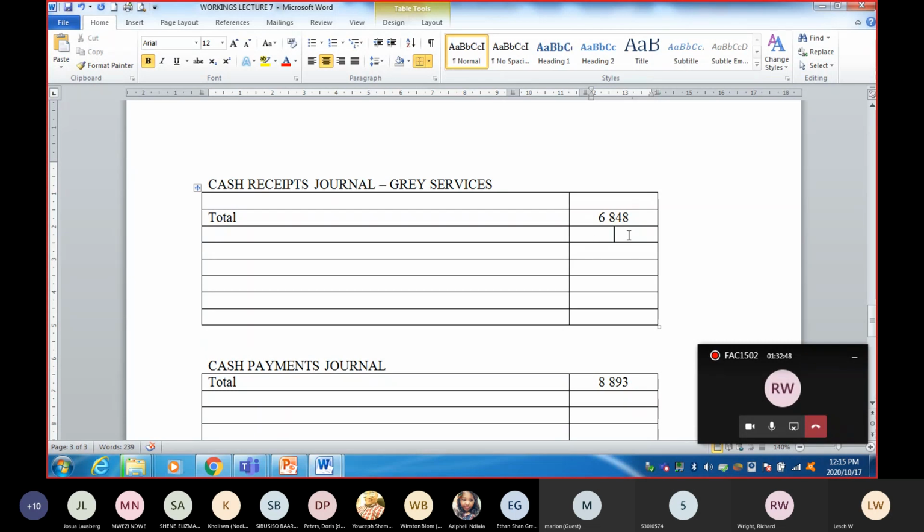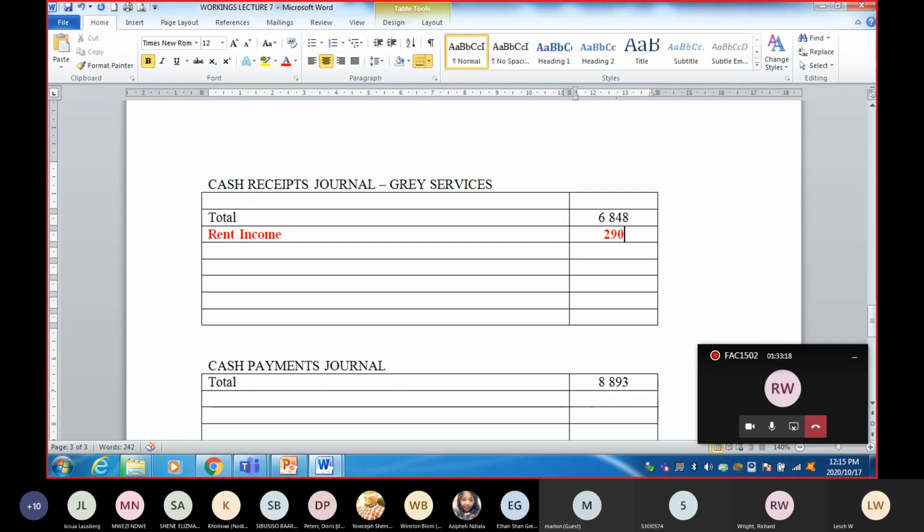We will record that now in our cash receipts journal, and you will see that that is for rent income. So you will record that as rent income, the amount of 290 Rand as your rental income.